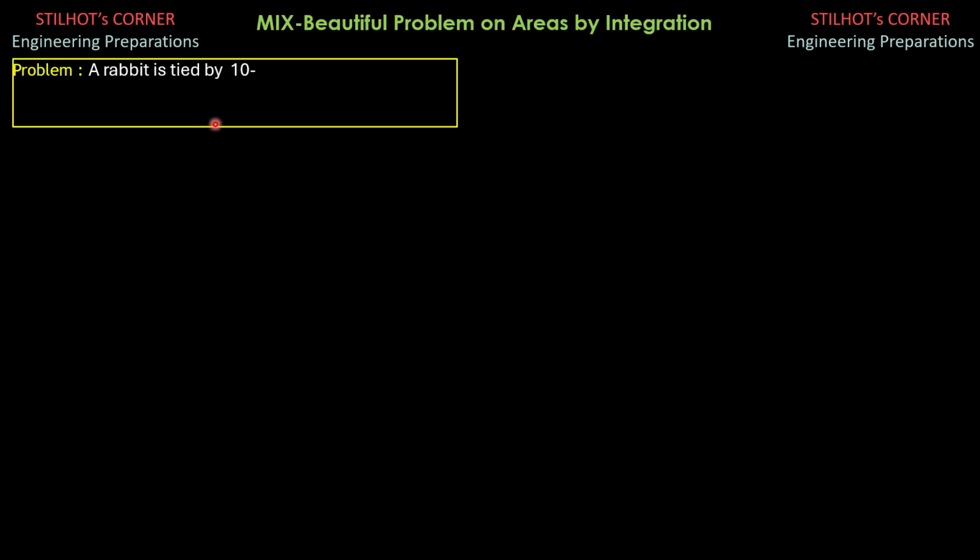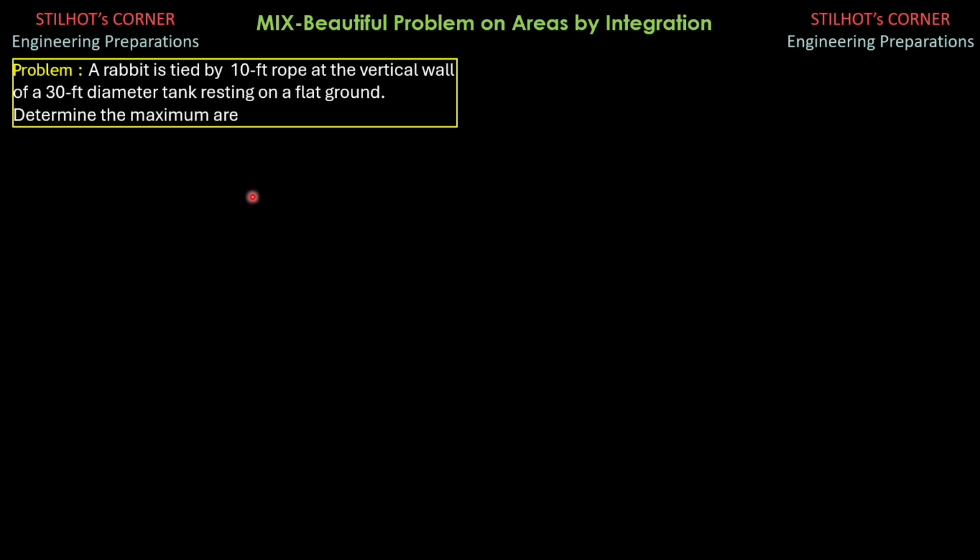A rabbit is tied by a 10-foot rope at the vertical wall of a 30-foot diameter tank resting on flat ground. Determine the maximum area that the rabbit can graze. To help analyze this situation, let's draw the plan, the top view.